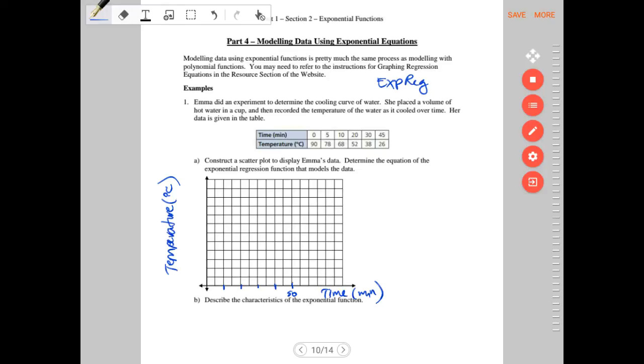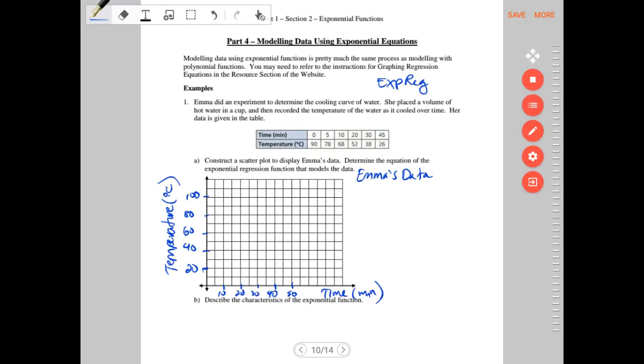Okay, and you should also have a title. We'll just call this Emma's data. Okay, I'm going to use every line is worth 10 on the y-axis. So 20, 40, 60, 80, and 100.